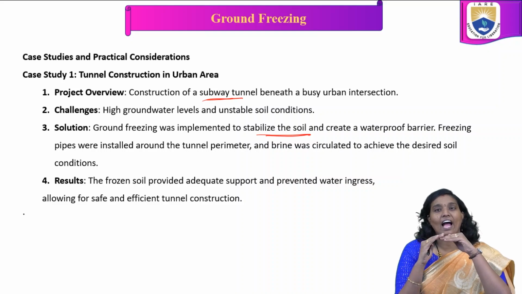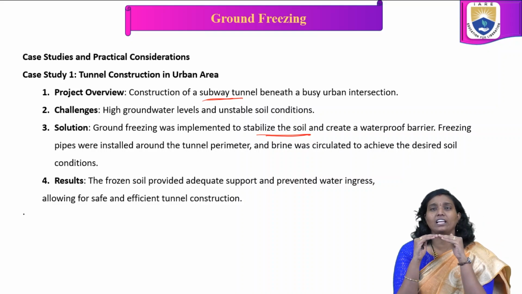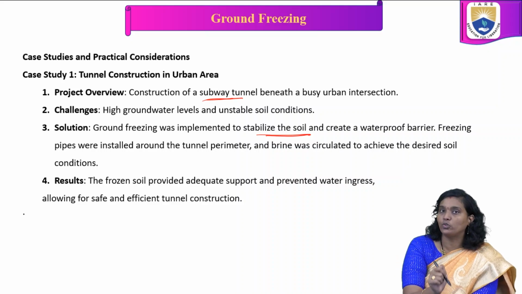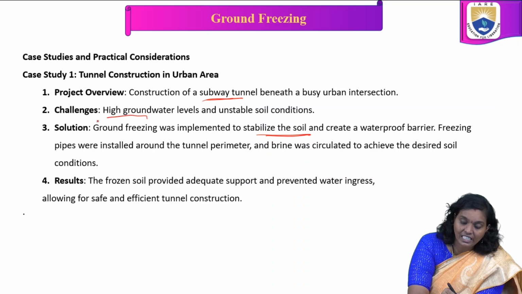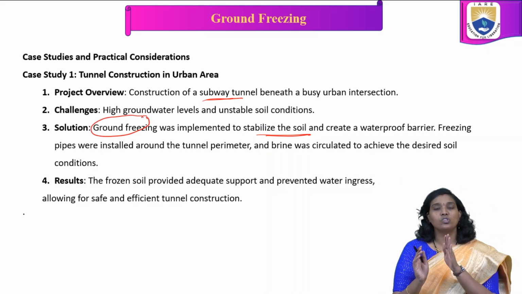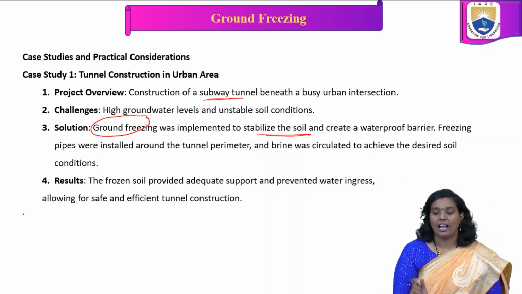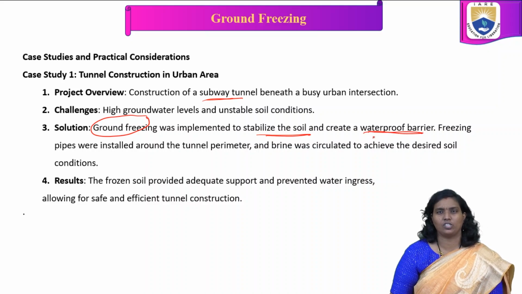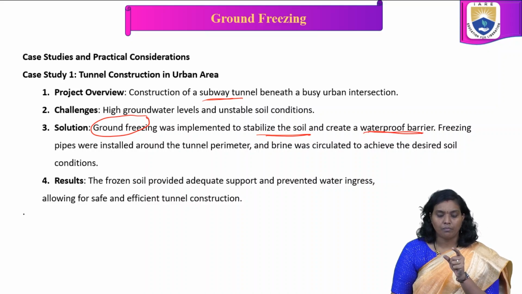Because of the high groundwater level and unstable soil conditions, the other techniques are not that effective for this particular challenge. So in this region, we choose the ground freezing technique to stabilize the soil and create a waterproof barrier for the tunnel construction work.